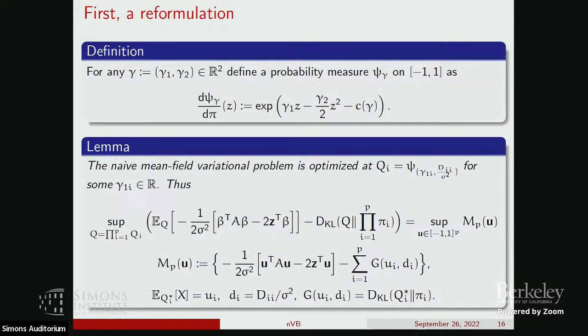And once you know that, you can identify what are these parameters, gamma 1i and gamma 2i that give you the optimizers. So the main punchline that I would like you to take away from this slide is that for this very special case of linear regression with product priors, you can convert this optimization problem over probability measures to a scalar optimization problem.